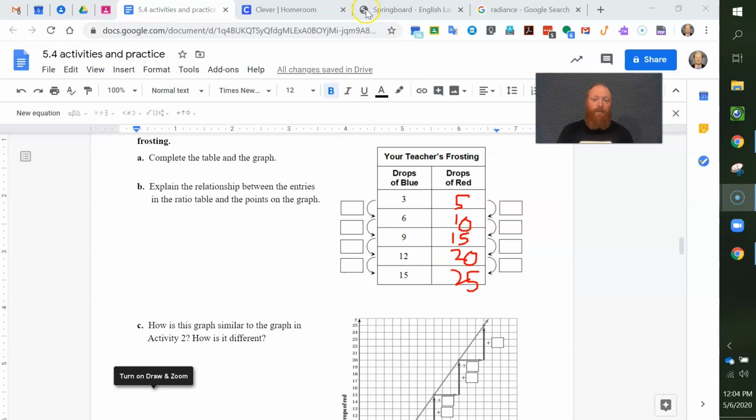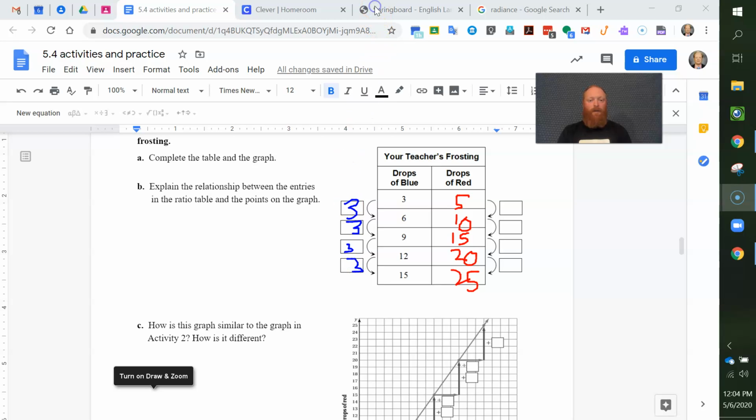And then we'll switch back to blue. Come on. Blue. And we'll do 3, 3, 3, 3.